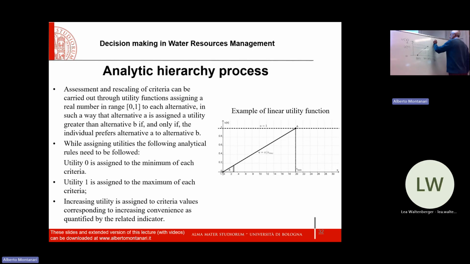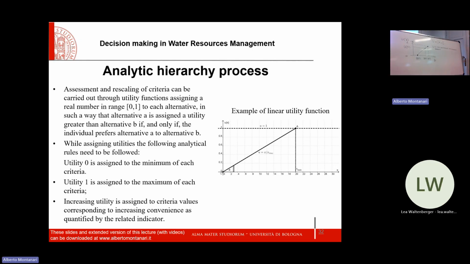Utility must lie in the interval 0, 1, and utility is monotonic, not decreasing or increasing, with the benefit.